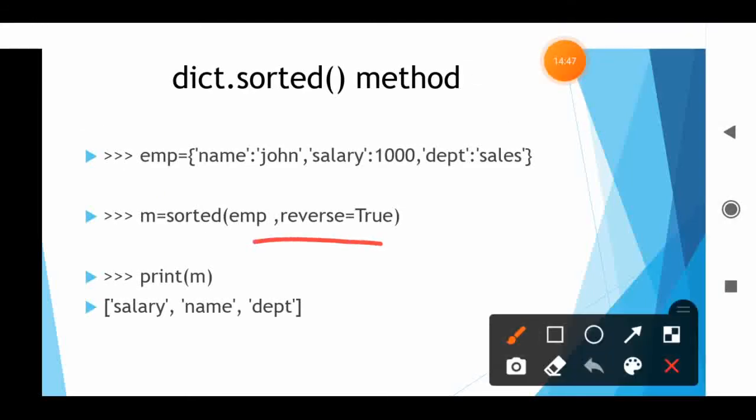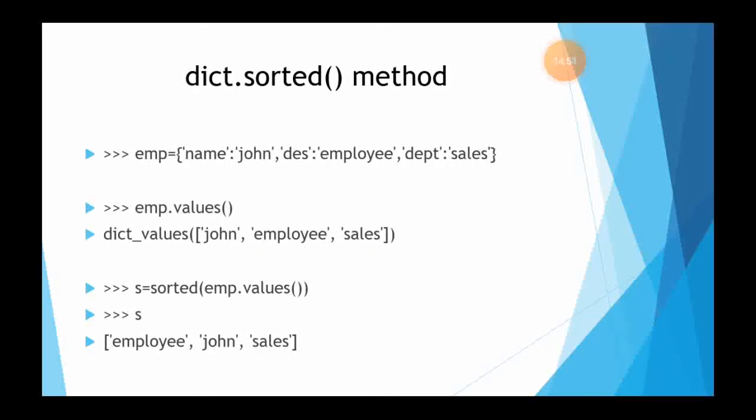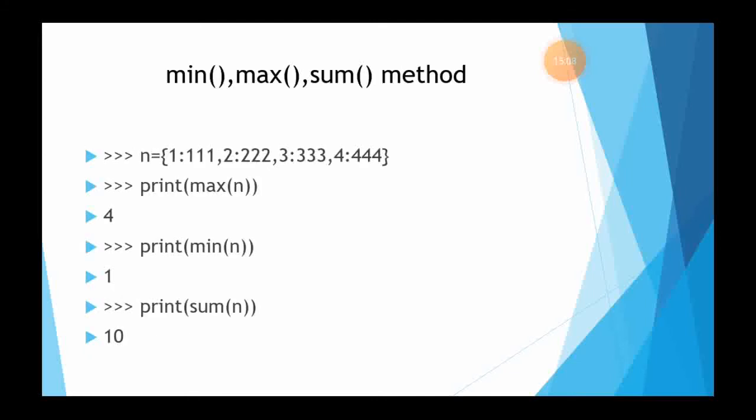True. If you want the keys in descending order, you have to give reverse equal to true. The next method, you can sort the values in the dictionary also. First you should get the values alone, dictionary name dot values. After that you can use the sorted method to sort the values.